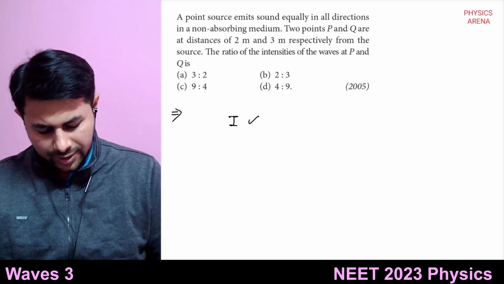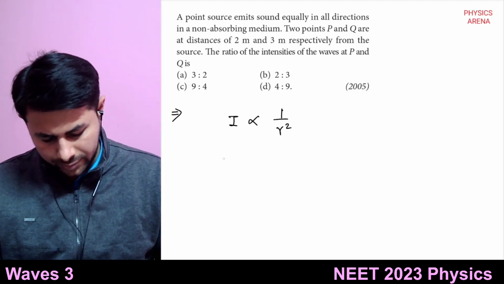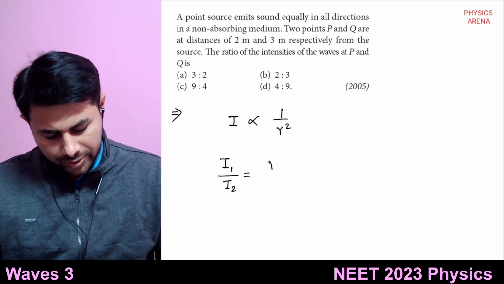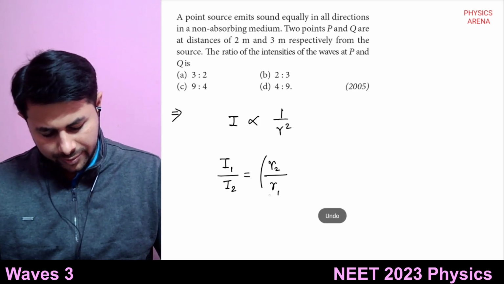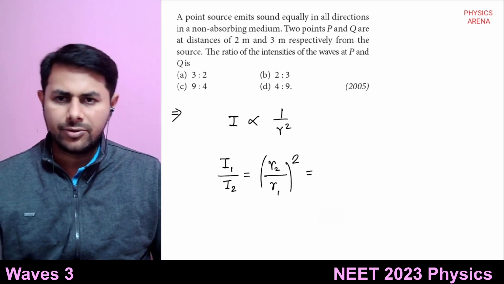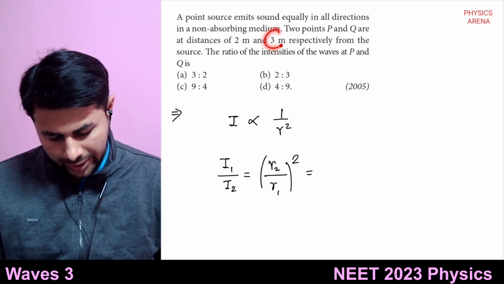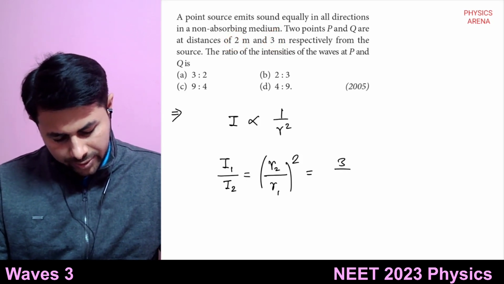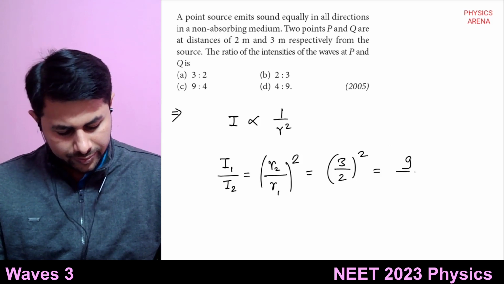Intensity is inversely proportional to r square, so I1 upon I2 will be equal to R2 upon R1 whole square. Substitute R2 is 3, R1 is 2. So you get 3 upon 2 square, that is 9 is to 4.